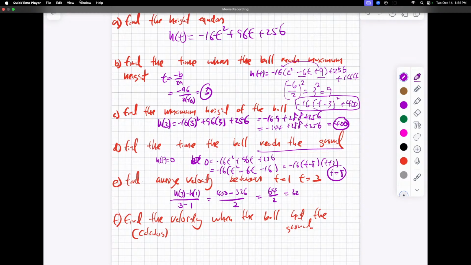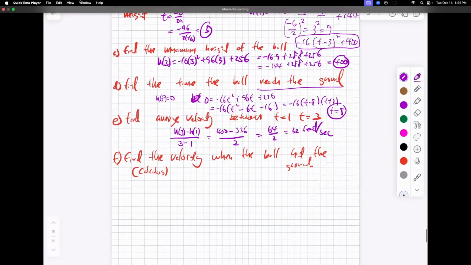That's equal to 32 feet per second. Does that make sense? Do you have to write feet per second? Yeah, you should know your units. Now, you don't have to worry about that. That is only for calculus students. You had to find the velocity at a point, but that's only for calculus students.